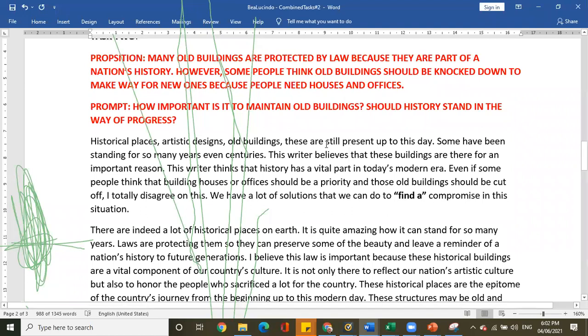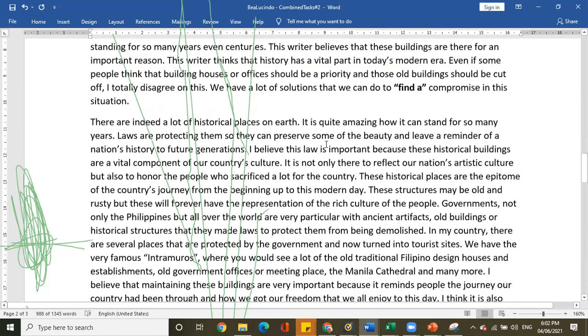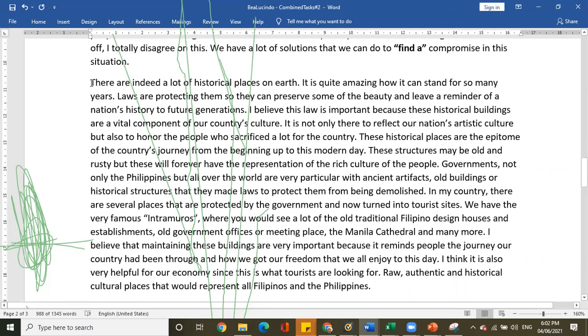Look at this. There are indeed a lot of historical places on Earth. Simple sentence. It's amazing how it can stand for so many years. The sentences just grow in complexity. Laws are protecting them. That's your discourse markers.